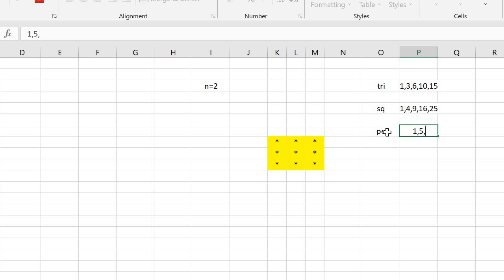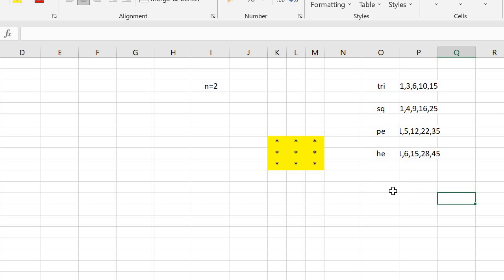Similarly, the hexagonal numbers will be 1, 6, 15, 28, 45. I don't have surety about the 45, but yes.